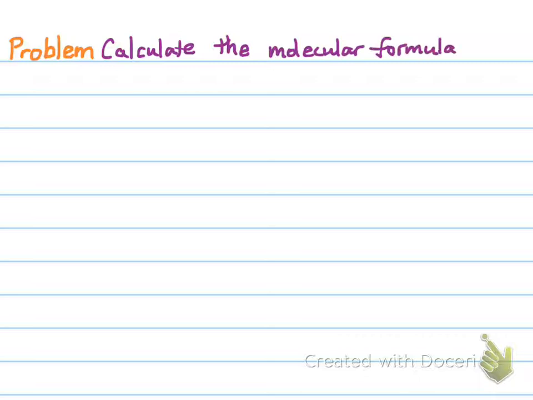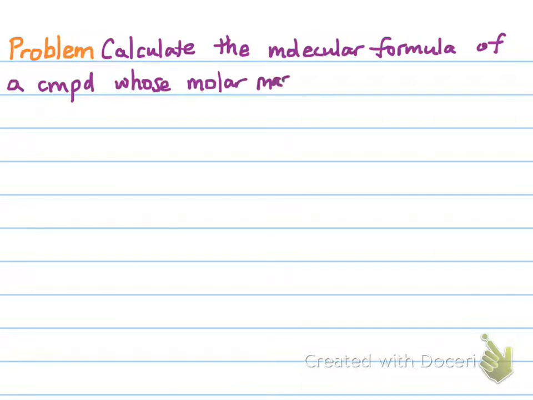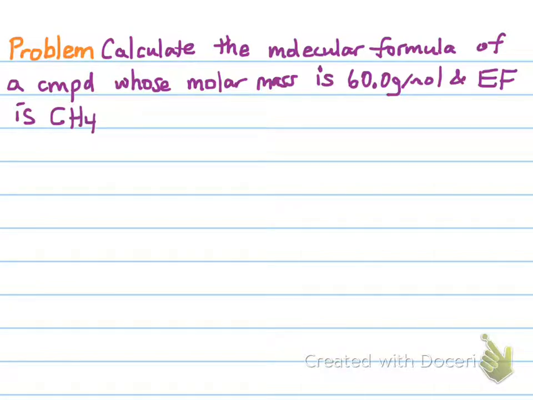So this problem, we're going to calculate the molecular formula of a compound whose molar mass is 60 grams per mole, and empirical formula is CH4N.